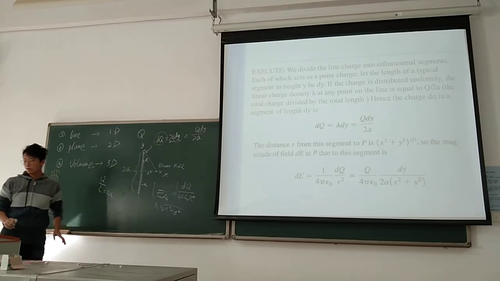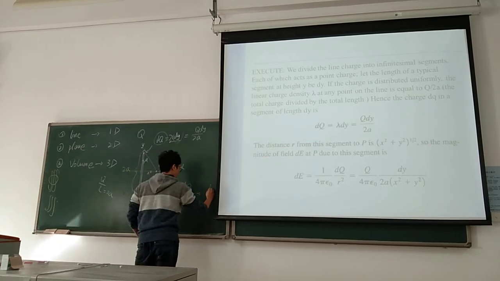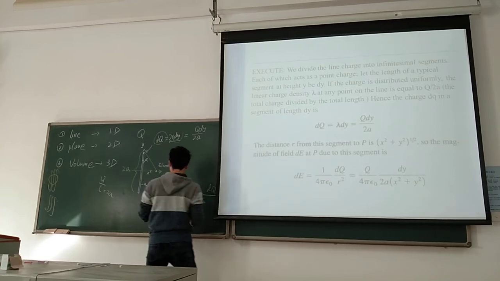The dE can be written as dq over 4 pi epsilon 0 r squared.